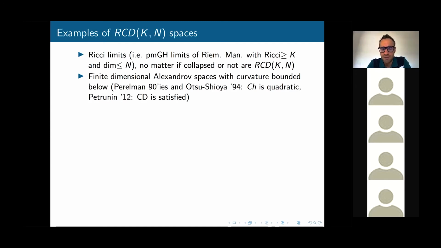A good balance between wild branching and non-branching is what is called essentially non-branching, which means that when you take two probability measures which are absolutely continuous, and then you consider the geodesics which are performing the optimal transport, then you ask that almost all the geodesics are non-branching.